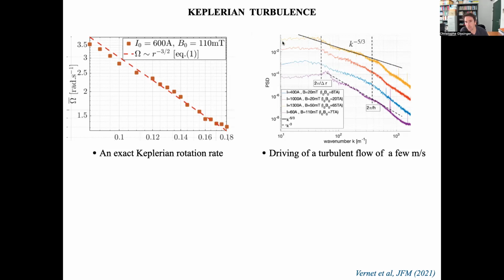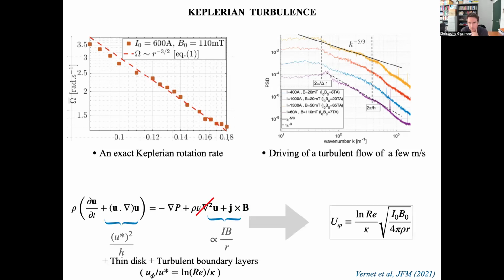These are the power spectra of the velocity fluctuations, and we get a k^(-5/3) signature, which shows that the flow is strongly turbulent, which makes sense because we're rotating the liquid at several meters per second.